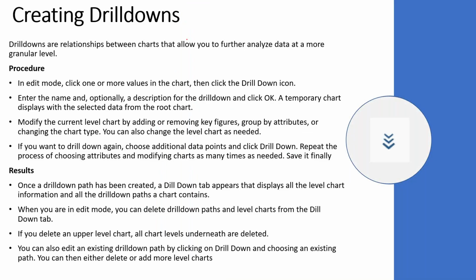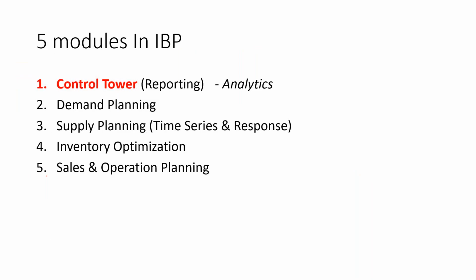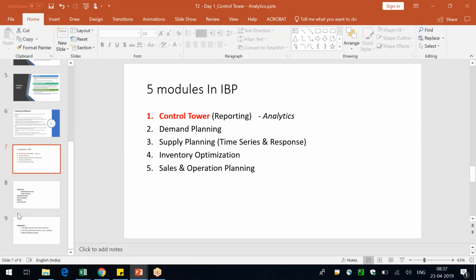These are the drill downs we have seen. This is the icon that we have to use for creating the drill downs. It will allow you to further analyze the data at a more granular level. So this is the procedure on how to create a drill down, and how we can see the results here. That is what we have for today.